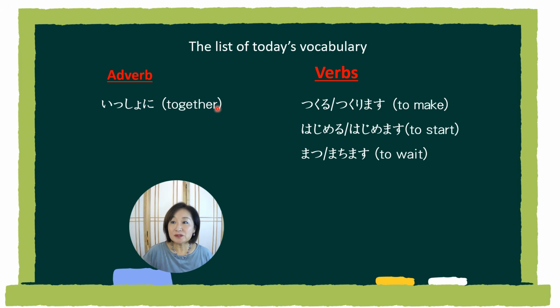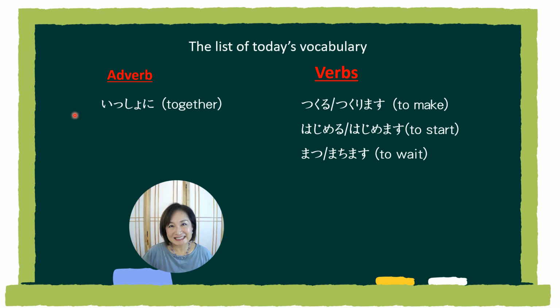For example, when you ask 食べませんか? Shall we eat? Adding 一緒に makes it even clearer. 一緒に食べませんか? Shall we eat together?